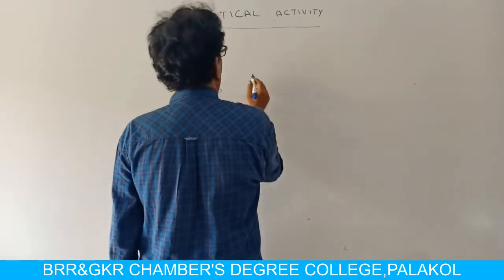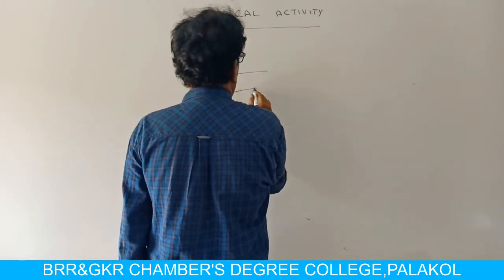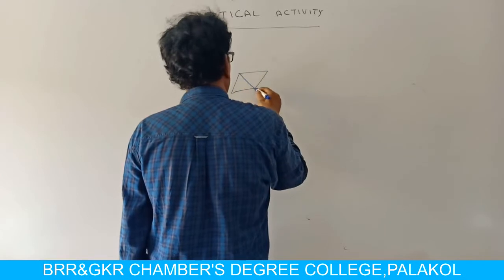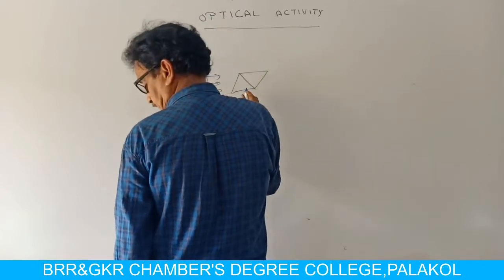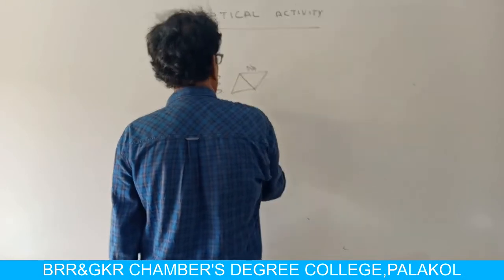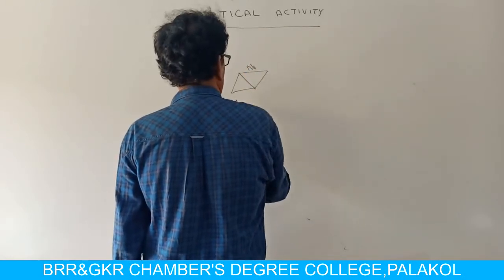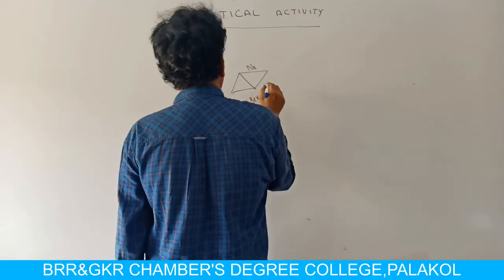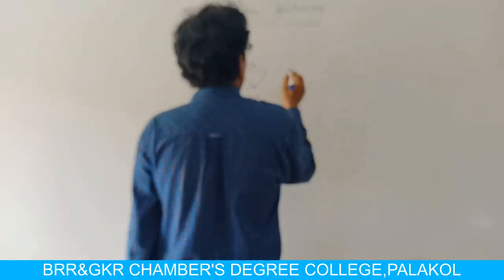So, in this, N1 is a Nicol prism, which acts as a polarizer. A polarizer is one which produces polarized light.